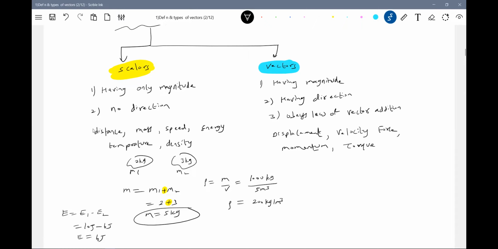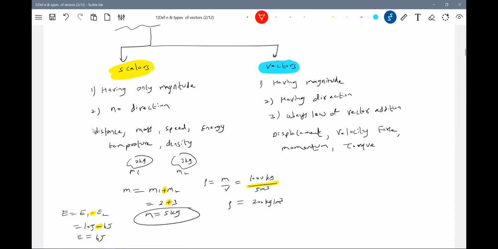Earlier we took the difference, here we are dividing. Similarly, can I go for multiplication? Yes, we can also do multiplication: mass equals density into volume. So all this maths we know well.